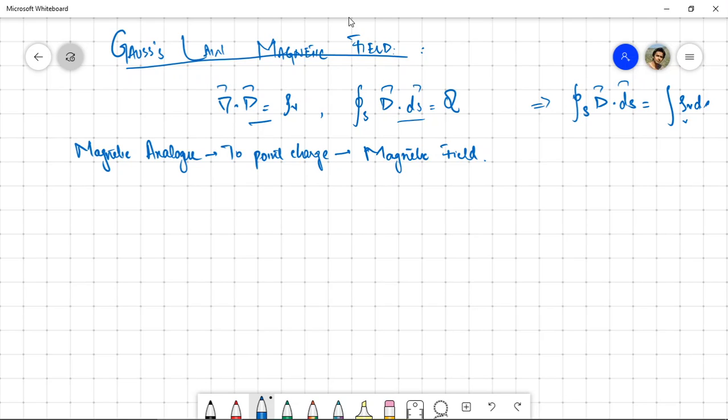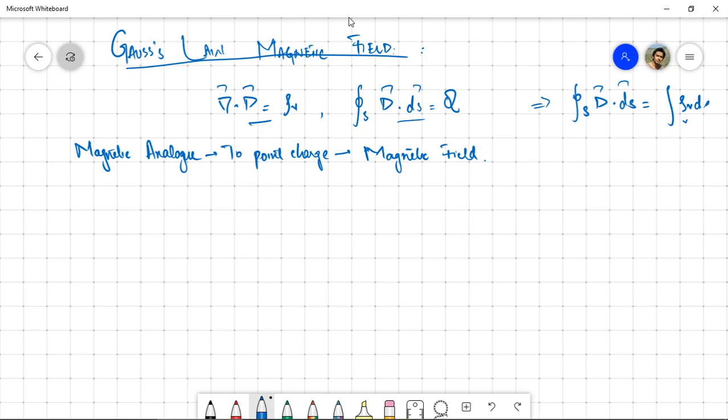We have seen an example of this with a bar magnet, and we talked about the experience we had in our childhoods: even if we break that bar magnet into two pieces, or three, or four, and keep breaking it into smaller and smaller pieces, every piece is going to have a north and south pole of its own.